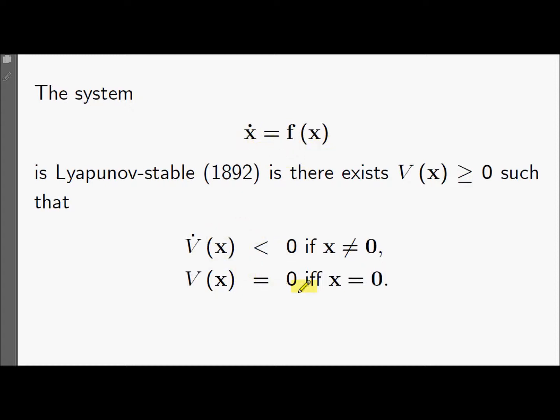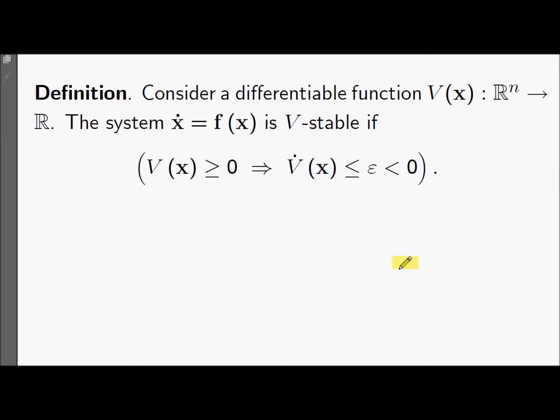Now what I want to do is something which is quite different. I have a function v which is not always positive. It can be positive or negative. But I will say that the system is v-stable if, when this function is positive, then it will decrease strictly.